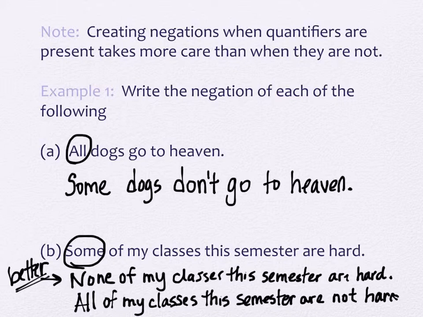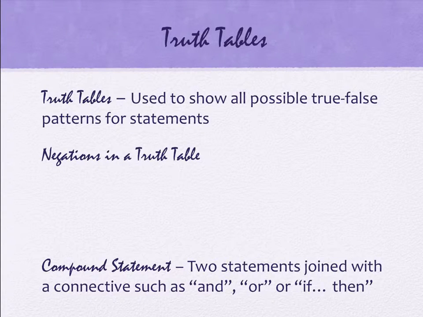There's nothing wrong with this statement. It's just not really quite as clear to us as the first one. It feels a little bit awkward, but it is logically correct. Okay? All right. Let's take a look at the next page.